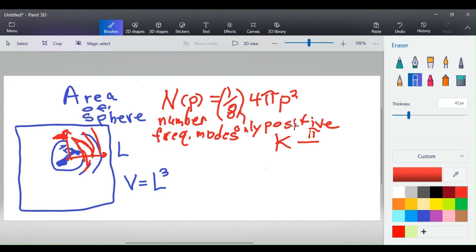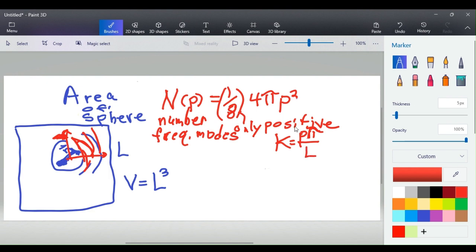The K was equal to, in this case, I'm going to put the P there, P pi over L.